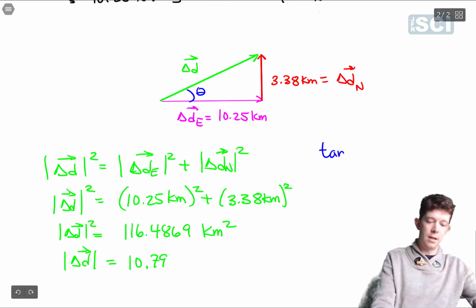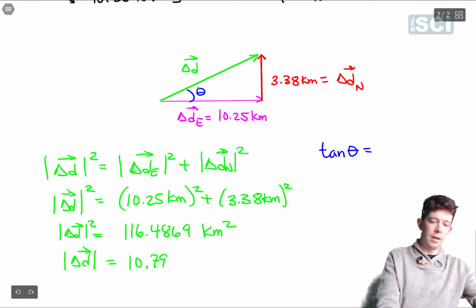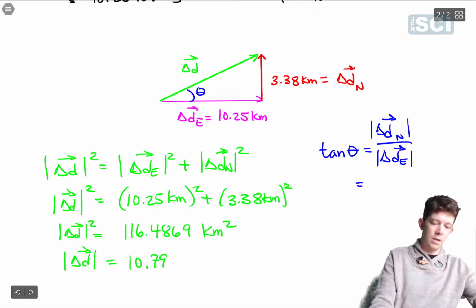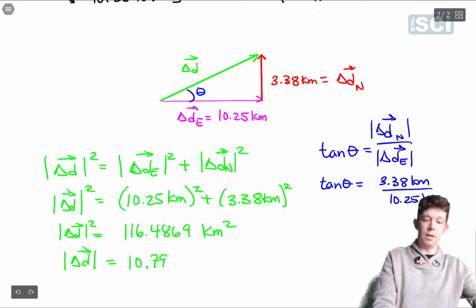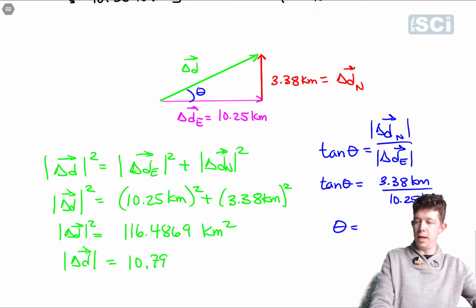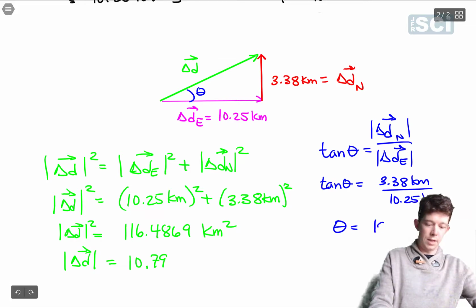So tan theta, because I have the opposite side and the adjacent side, will become delta d in the north direction, magnitude, divided by delta d in the east direction, magnitude, which means that I have tan theta of 3.38 kilometers divided by 10.25 kilometers. And if you work through the math on that, you get an angle of 18 degrees.